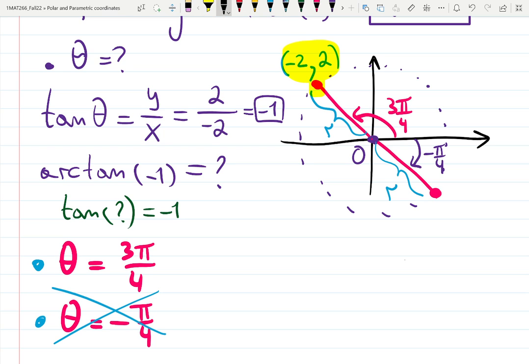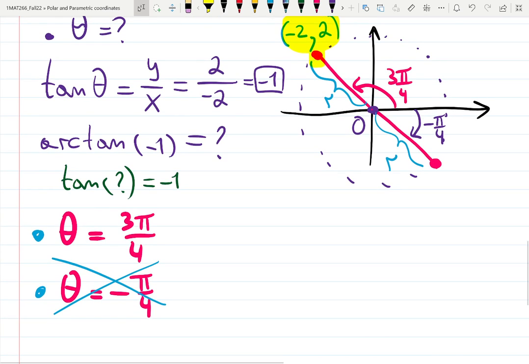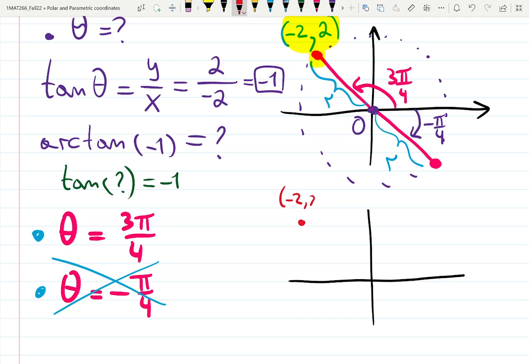So the answer: you can always choose the final answer based on the first information you're given. Let's summarize the idea. The first thing that was given was the point minus 2 and 2. We were asked to convert this point to polar coordinates. We found the radius using the formula, how far away this point is from the pole 0, 0.